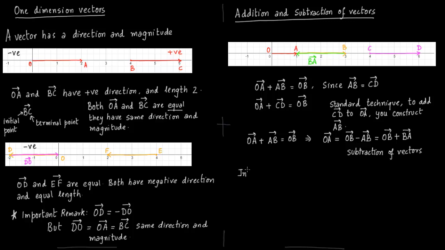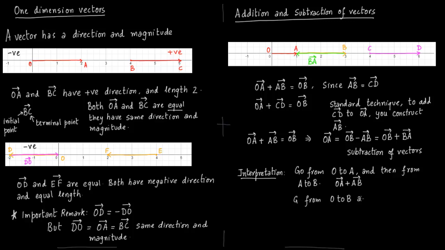Now let us give some physical interpretation. So first we talk about addition. So you go from O to A, then you go from A to B, then you get OA vector plus AB vector.